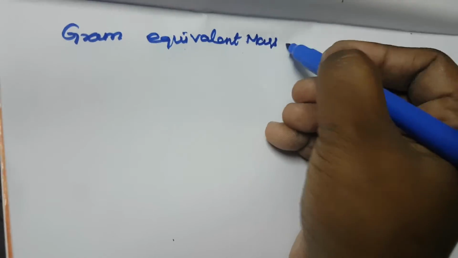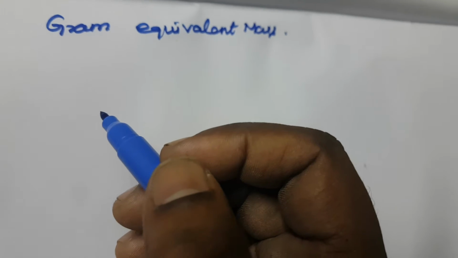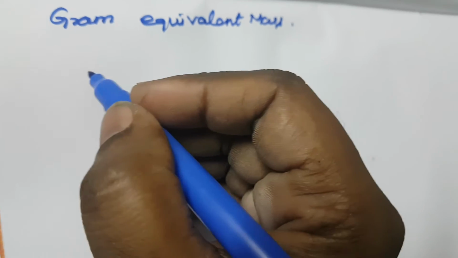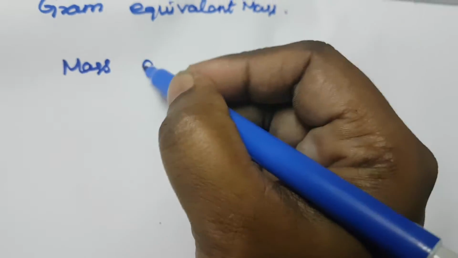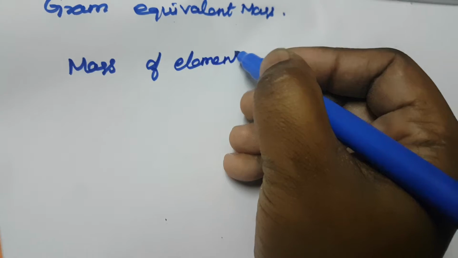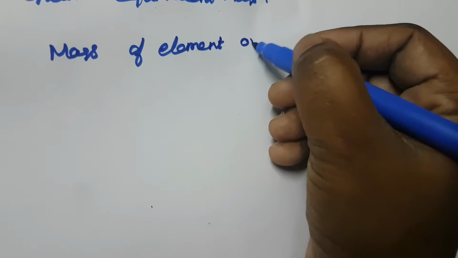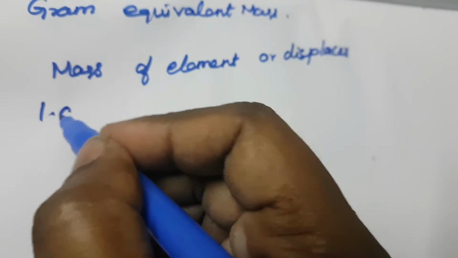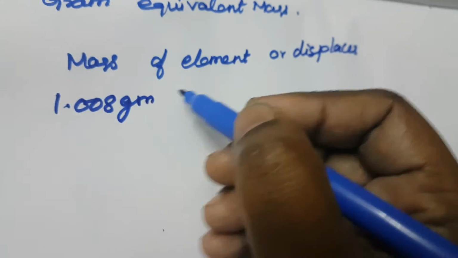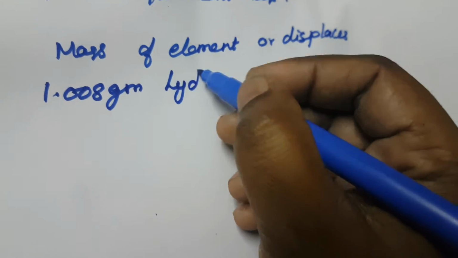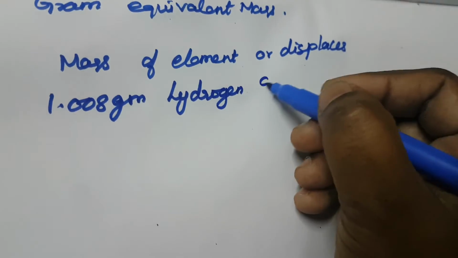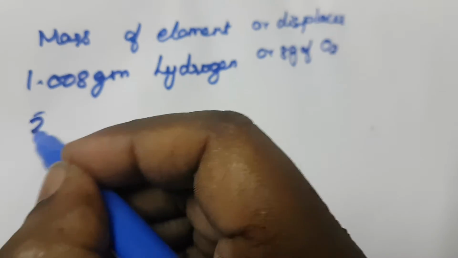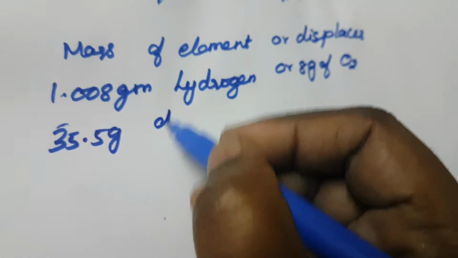What is gram equivalent mass? Gram equivalent mass is defined as the mass of an element that combines or displaces 1.008 gram of hydrogen, or 8 gram of oxygen, or 35.5 gram of chlorine.